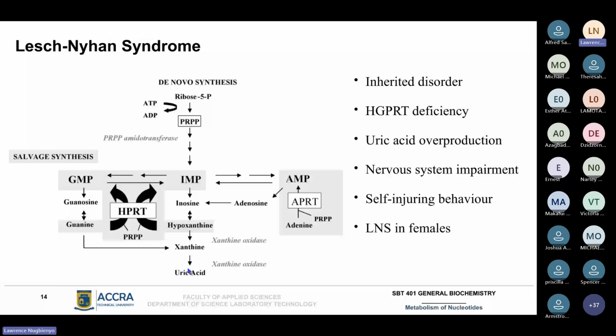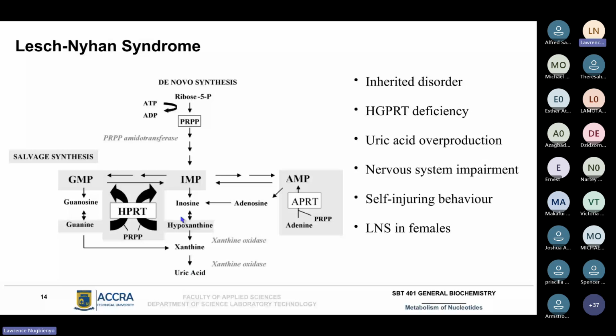Similarly, the breakdown of adenosine monophosphate will give us adenosine, which goes into the formation of inosine, coming down to hypoxanthine and then xanthine, and all of it ends up with the formation of uric acid. We saw the activity of xanthine oxidase in the formation of xanthine from hypoxanthine, and the formation of uric acid from xanthine. We saw all of that.